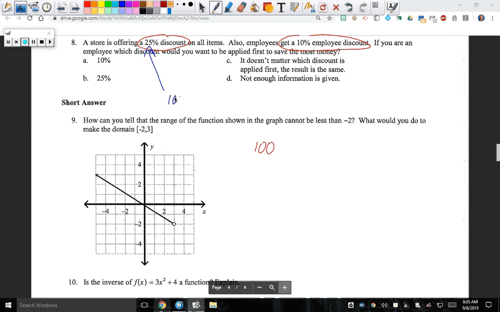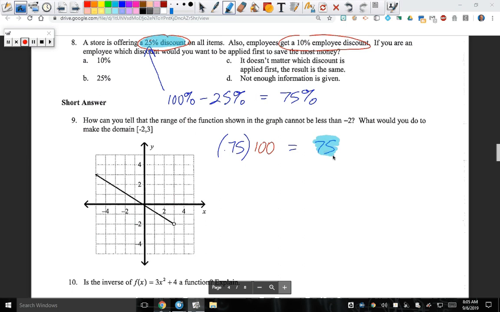That means normally I'm expected to pay 100% of whatever the total price is. But if they're taking 25% off, what I'm expected to pay is 75%. So what I could do is multiply this 100 by 0.75, which is $75, and that's what I'm going to end up paying after this discount.